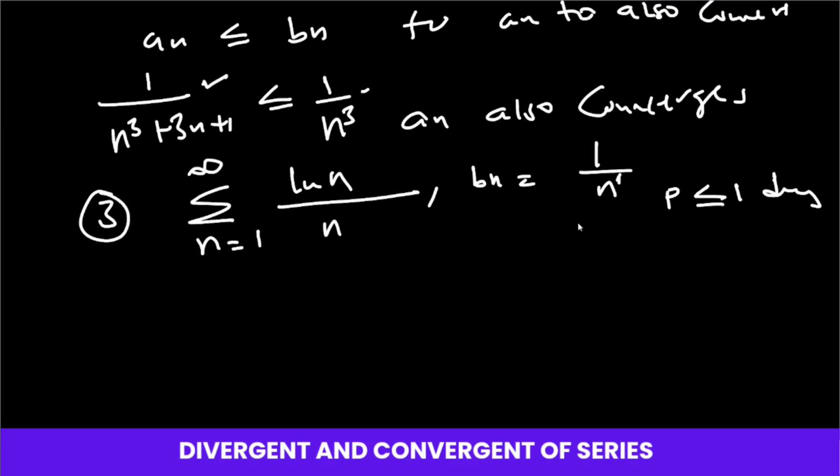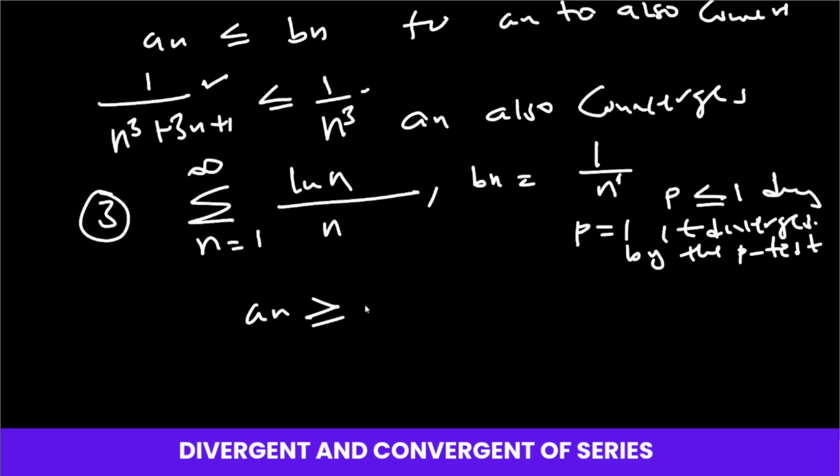Here p is equal to 1, so it diverges by the p test. Now since Bn diverges, it means that An should be greater than or equal to Bn, because if Bn diverges and An is bigger than Bn, then An will also diverge.